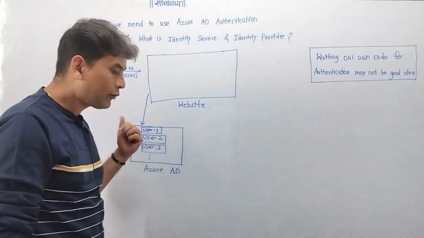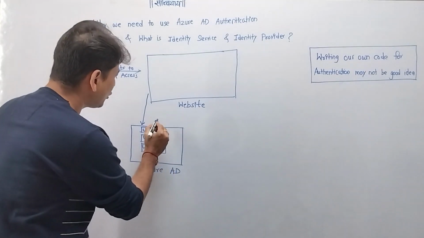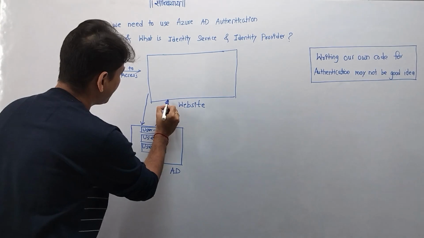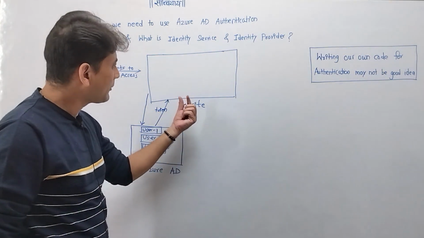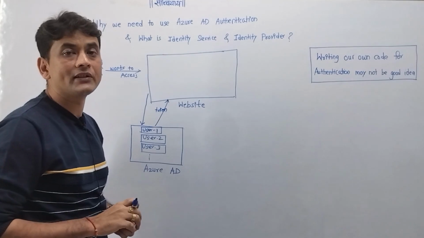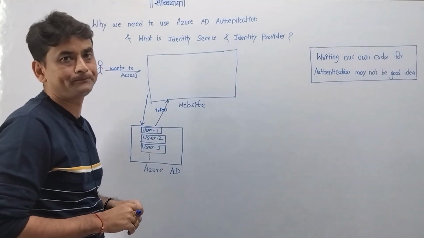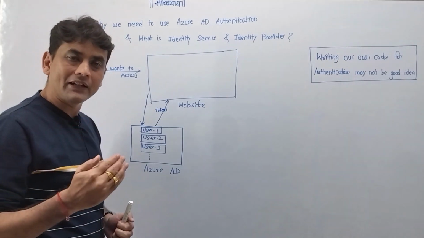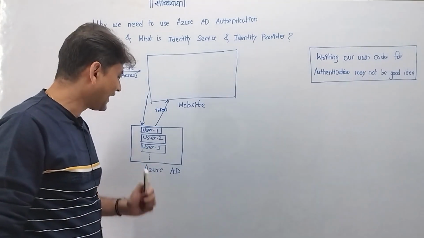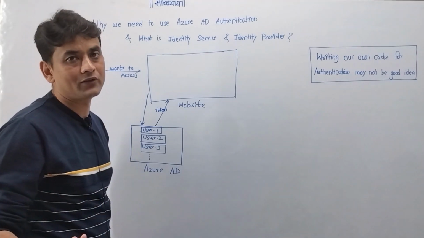So the user will authenticate over here, and if he is a valid user, a token will be returned to this website. And now our website knows that the user is a valid user, and hence it will allow him access to that website. And now you can imagine that using some third-party authentication provider such as Azure AD, definitely is a good and easier approach.